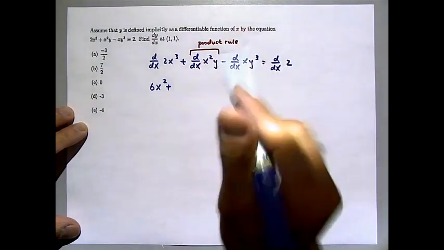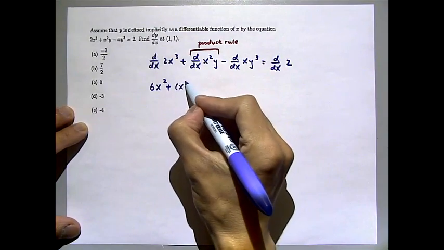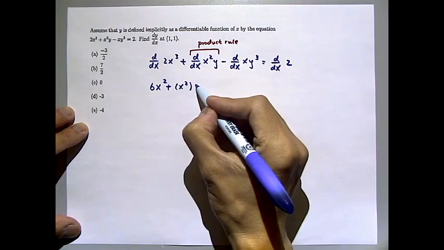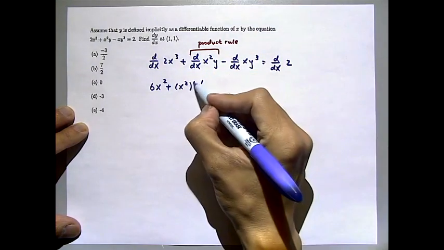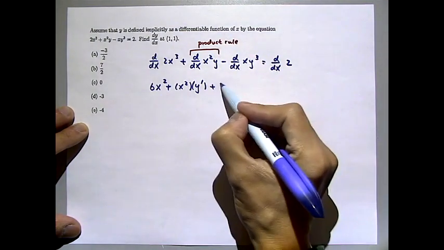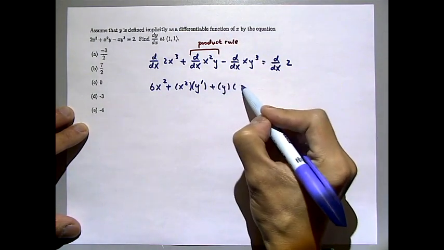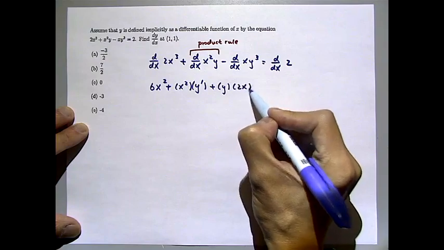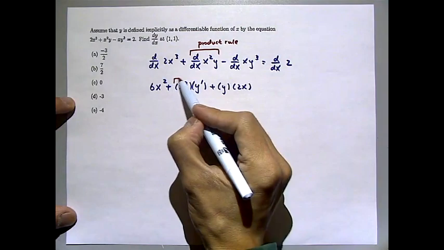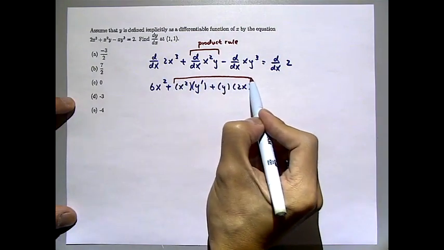Product rule: first times derivative of the second, y prime, or dy/dx, same thing, right? Y prime, plus the second times the derivative of the first, 2x. Okay, so this is what we got from using the product rule.